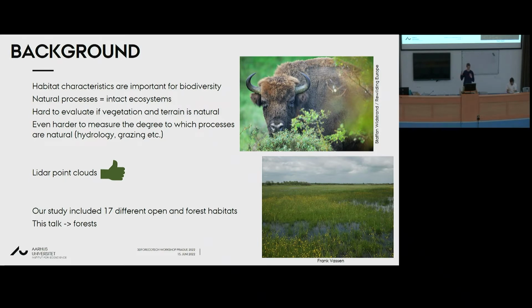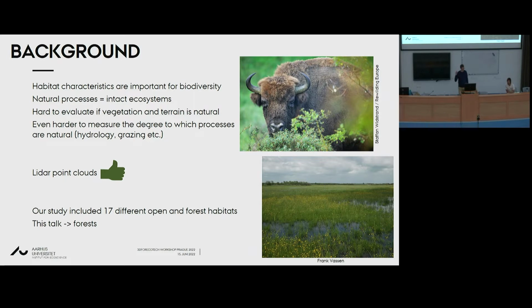And when I say natural processes, it's things like natural grazing, for example, done by this guy up here. It can also be natural hydrology, like when you leave the water to do whatever it likes without draining and ditching and diking and so on. But here, lidar really comes in handy because lidar can capture the structures in the vegetation and the structures in the terrain.